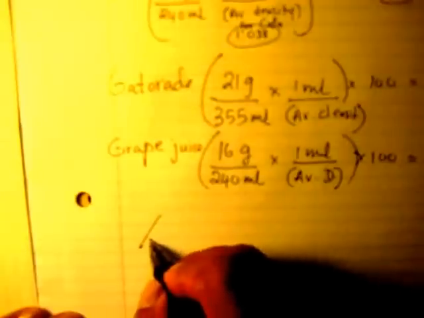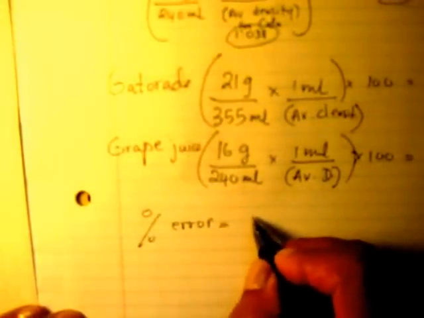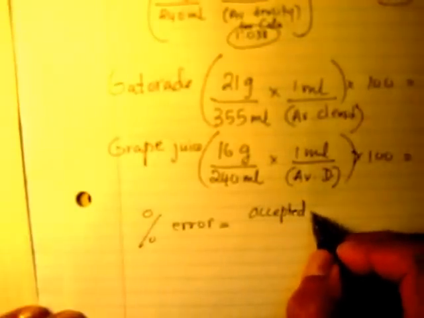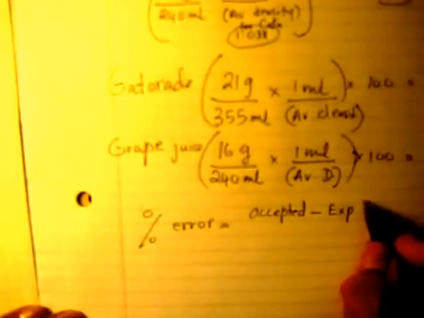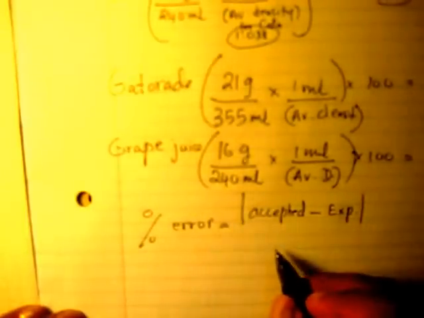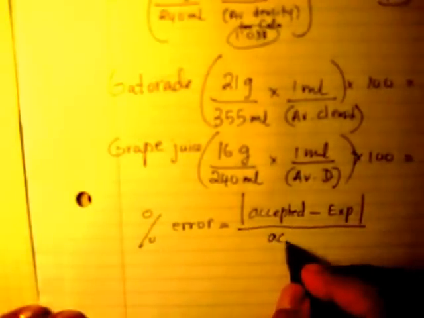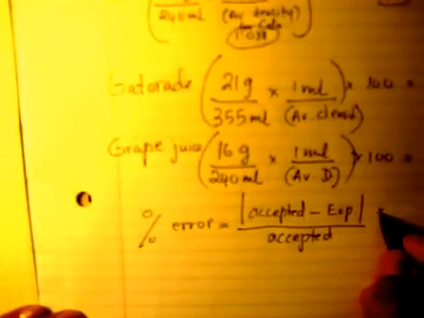So your percent error will be accepted minus experimental, and remember this is an absolute value, so if you get a negative sign you have to ignore that, over always accepted, times 100. That's your error.